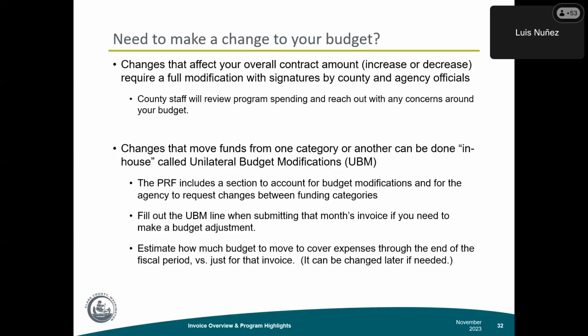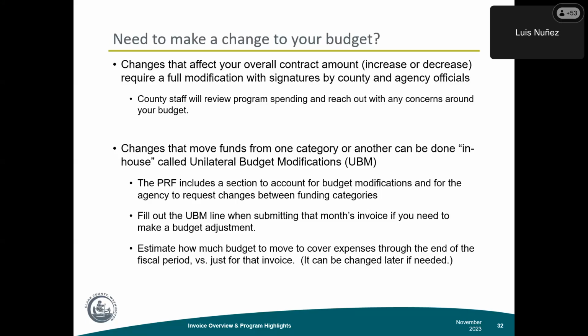So for example, if the county recognizes that there is an issue with spending, we might reach out and talk to you about our concerns. And essentially, if we both decide that we need to make an adjustment to the budget, we'll start that process. And then our contracts team will send out a modification for your signature, and then that'll change your budget.